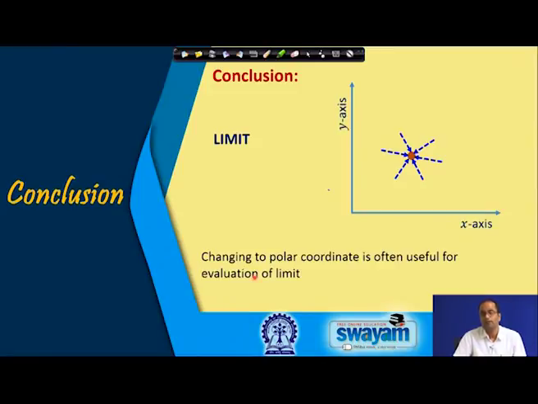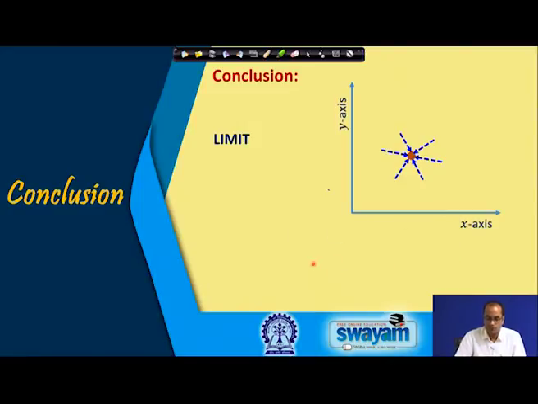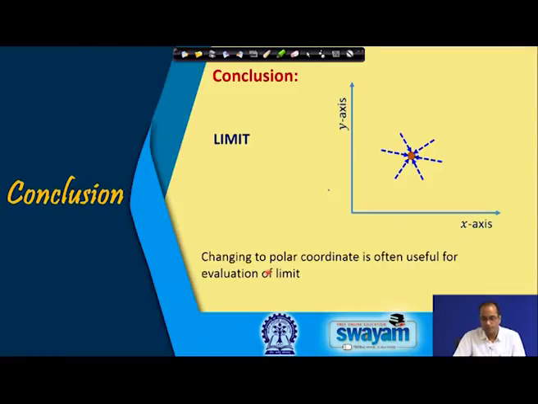So, if independently of theta we are approaching some number, we can conclude that it is the limit, but if the limit depends on theta, then again it is a path dependent limit, and therefore the limit does not exist. We will talk more on these issues, what could be the problem while changing the coordinate system to polar coordinates, and more examples later.